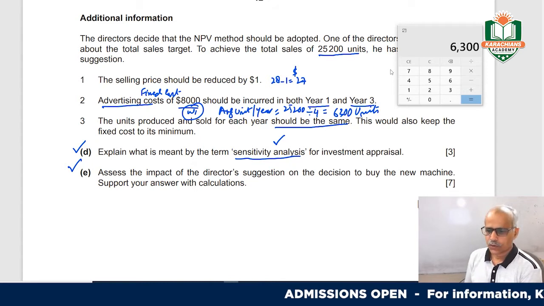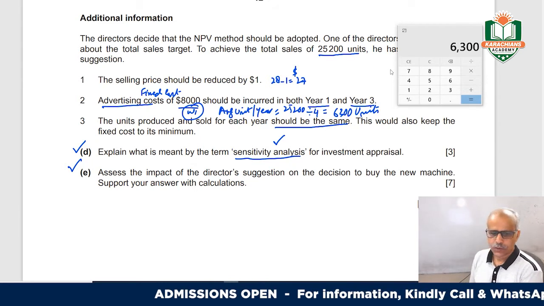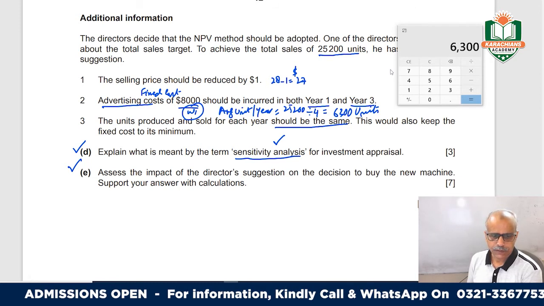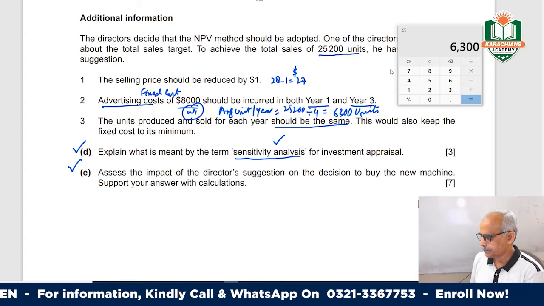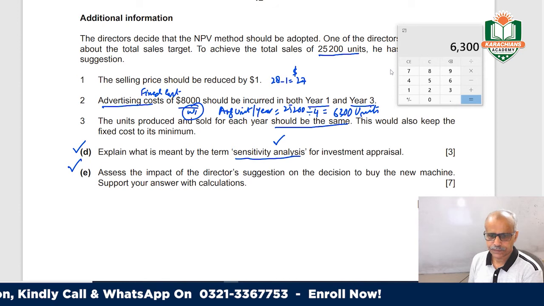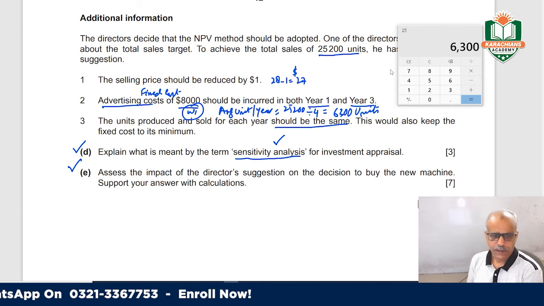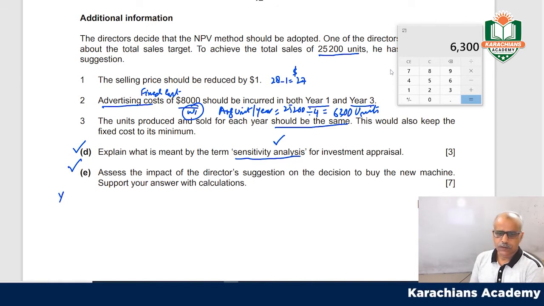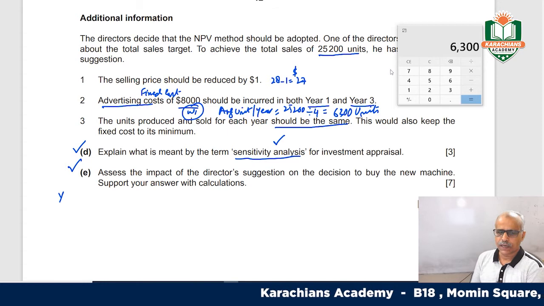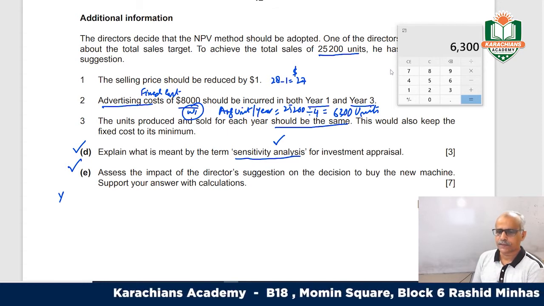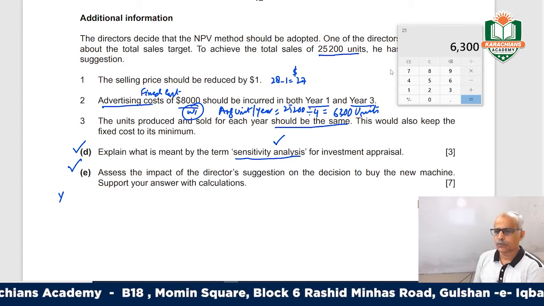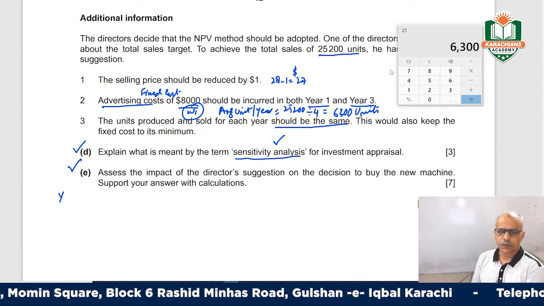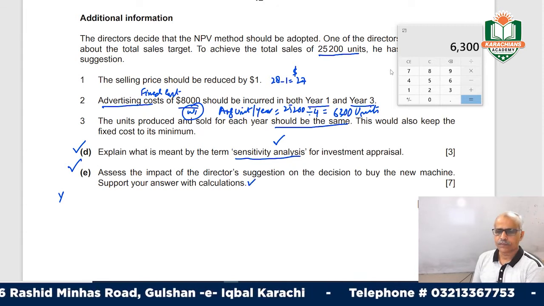So we have to work it out. Right, so again we can work it out this way. The question asks, assess the impact of the director's suggestion on the decision to buy the new machine. Support your answer with calculations.